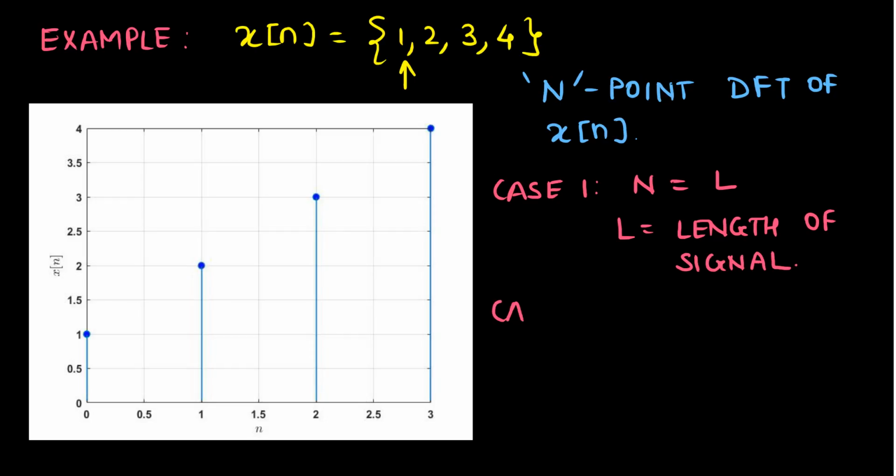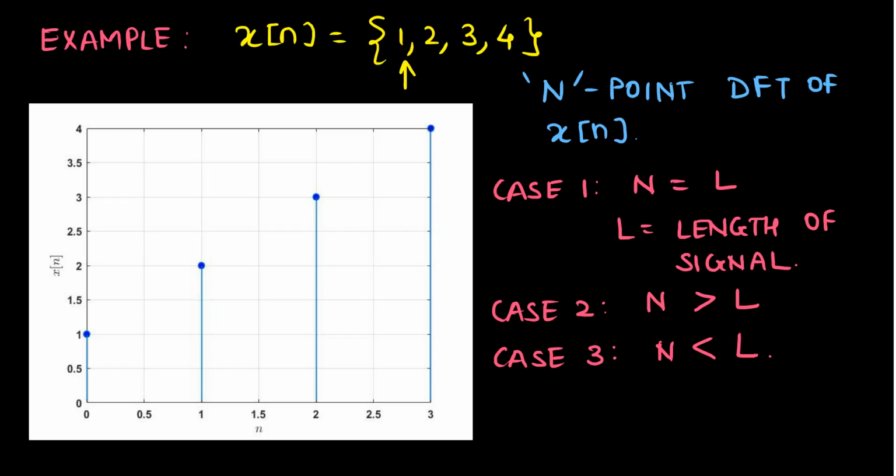The second case is this N is greater than the length of the signal, that is greater than L, and the third case is this N is less than L.